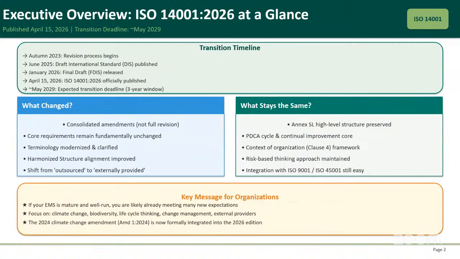There is basic knowledge that we need to know. We need to go back to the journey so far. What is the overview of this standard? This standard was published on the 15th of April 2026, and the transition deadline, meaning that organizations have a 3-year period.